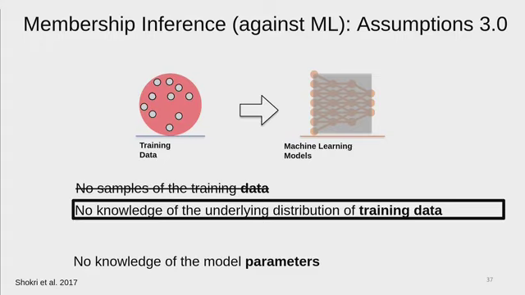Now we go one step further and assume we don't know the distribution of the underlying training data. So the first attack used public training data. Then we queried the model to figure out how the training data looks. And now we don't even know the underlying distribution of the training data as the third step.